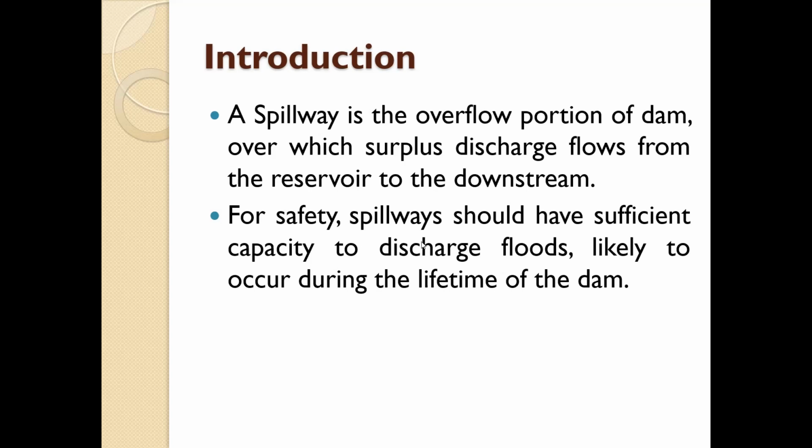So basically, the spillway is the structure constructed at a dam site for effective disposal of the surplus water from upstream to downstream. Just after the reservoir gets filled up to the normal pool level, water flows over the top of the spillway crest, which is generally kept at the normal pool level.